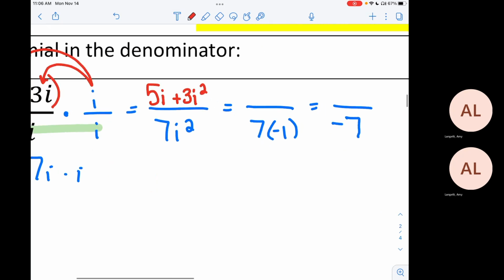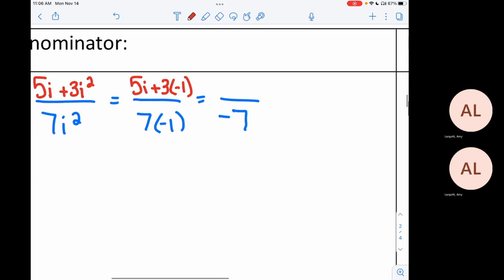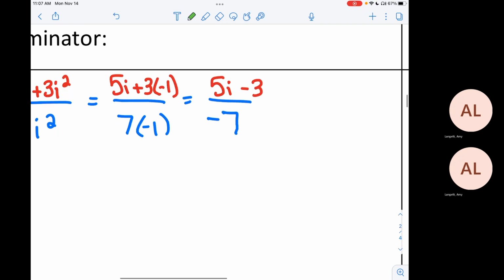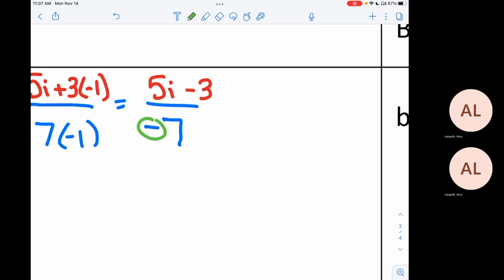What did I teach you about i squared? So this is really 3 times -1. My almost last fraction will be 5i. What's that going to do to the 3? -3.